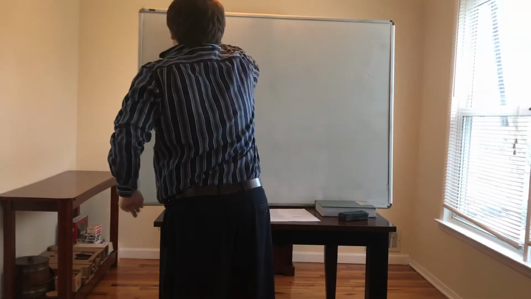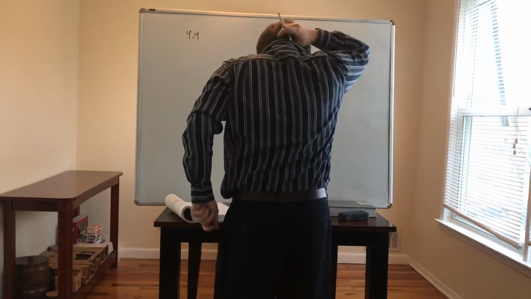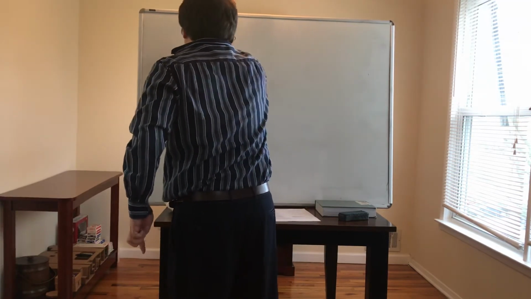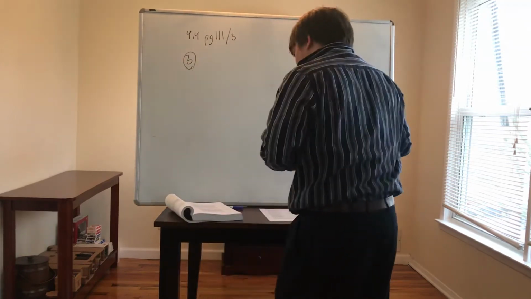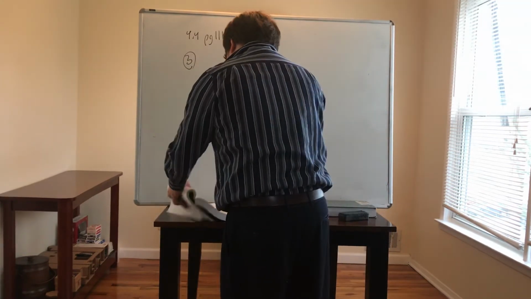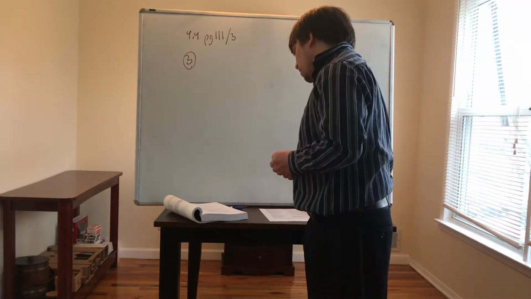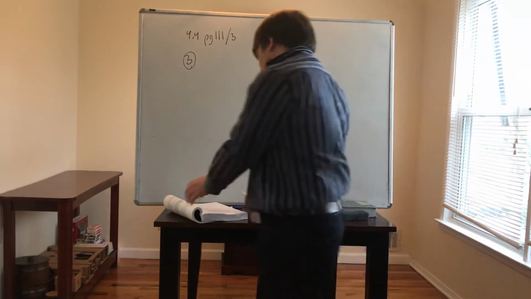So 4.4, page 111, exercise number 3. Okay, good. For number 3, it says draw a histogram and a bar chart of the random variable x in example 4.3.